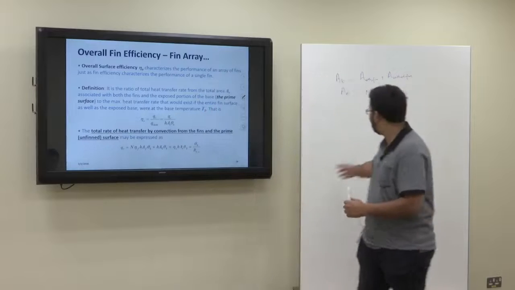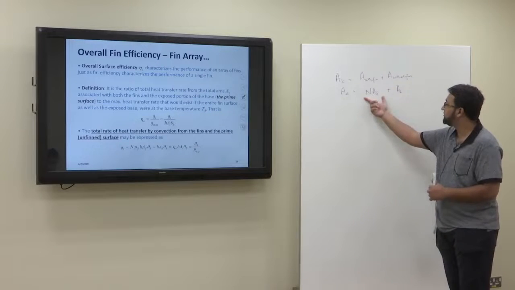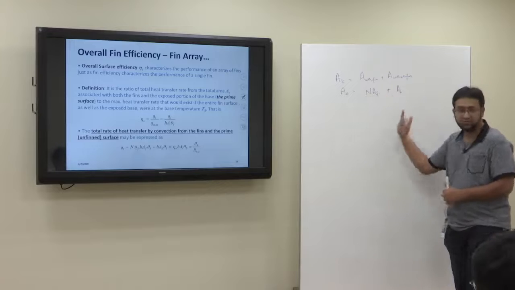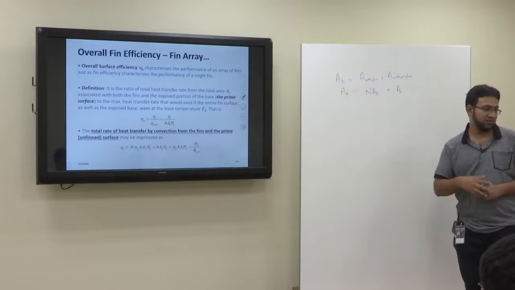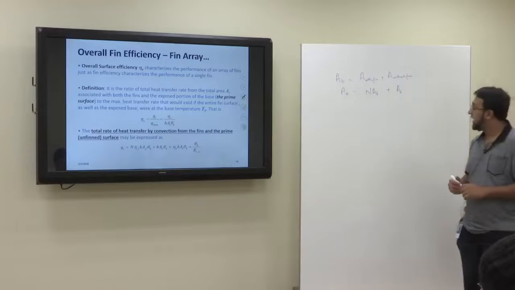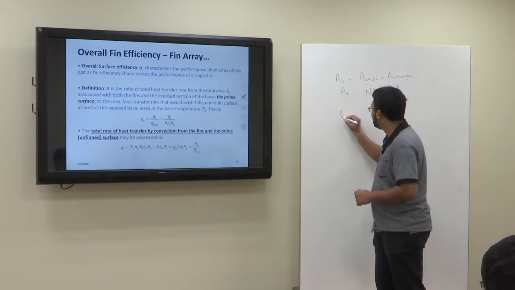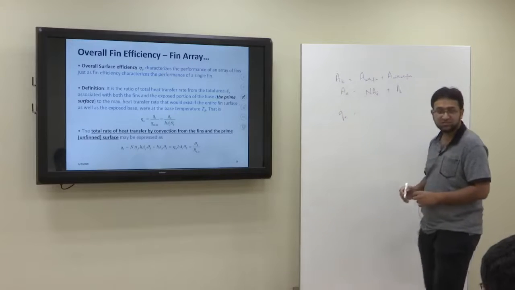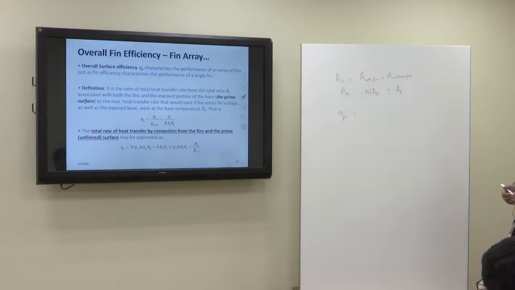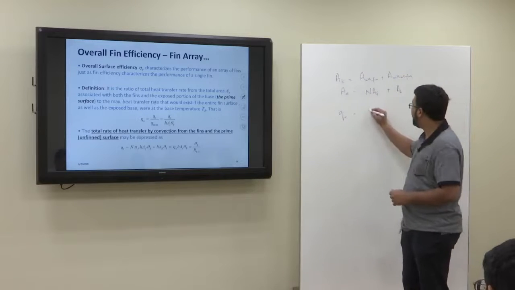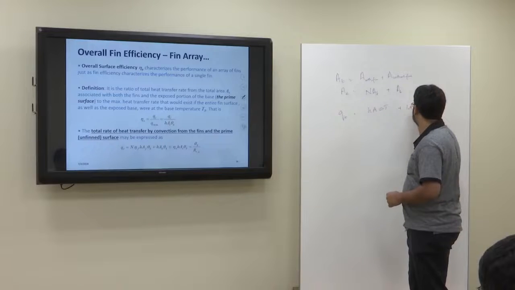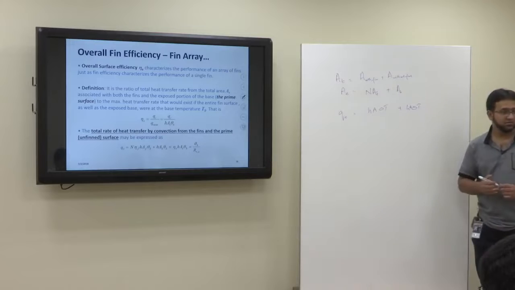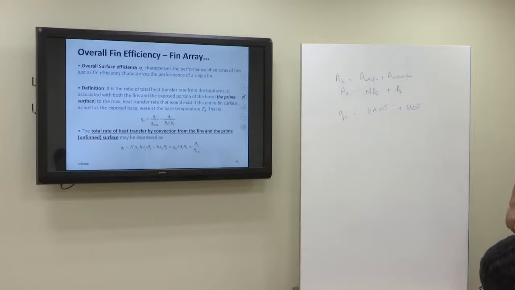The total surface area is composed of the area with fins and the area without fins, so total heat transfer will be the heat transfer because of this area plus because of this area. So QT, the total heat transfer, will be hA delta T plus hA delta T.